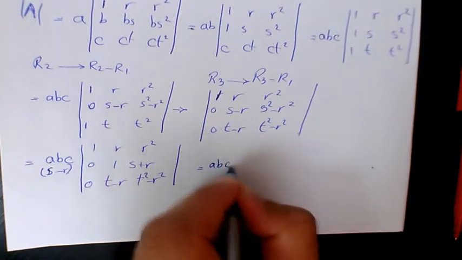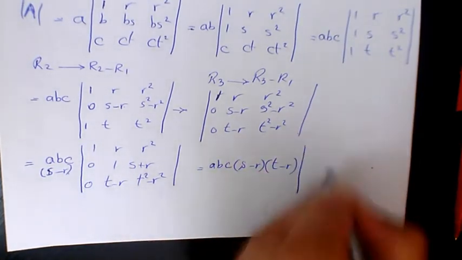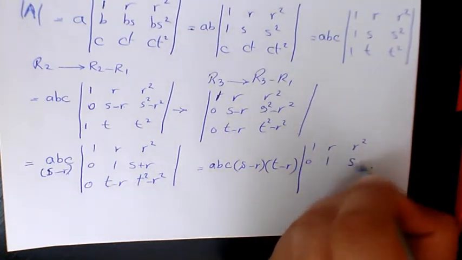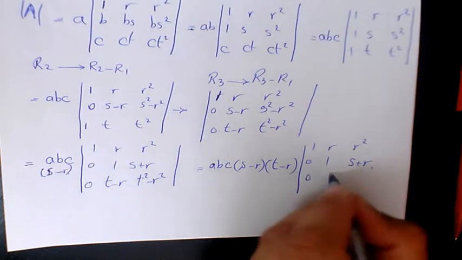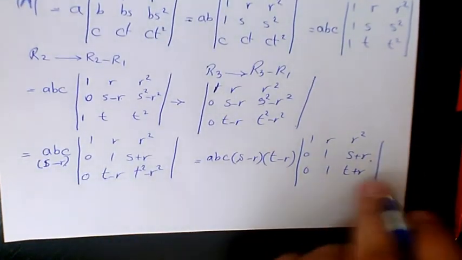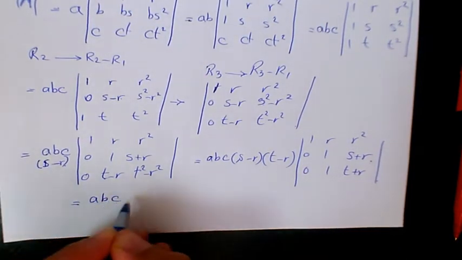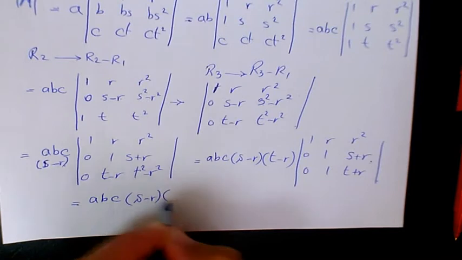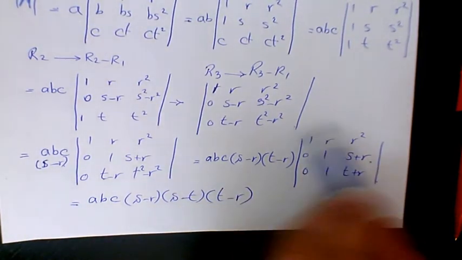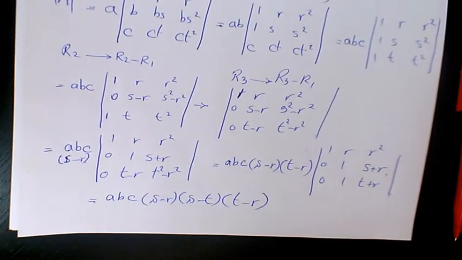So it's going to be ABC, S minus R, T minus R, 1 R R squared, 0 1 S plus R, 0 1 T plus R. And then we find the determinant here. That's going to be A times B times C, S minus R, S minus T, and T minus R, because the determinant of this part is going to be S minus T. So that's going to be the final answer.